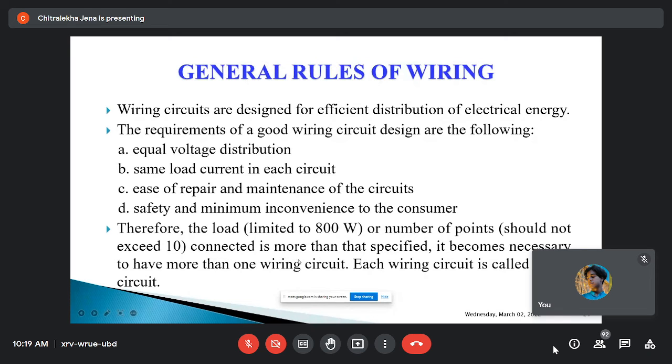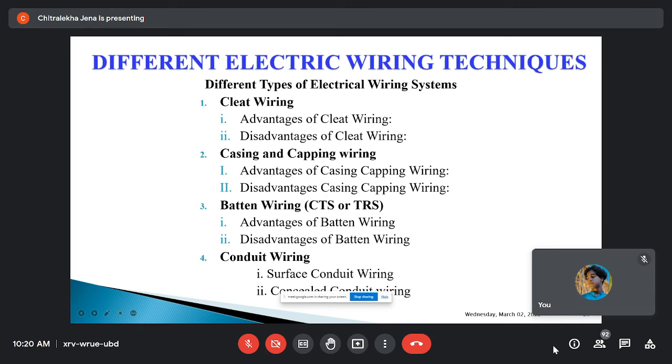If it is more than specified, it becomes necessary to have more than one wiring circuit. If it is more than 10, you connect another circuit. Am I clear to all of you? Yes, ma'am. So each wiring circuit is called a sub-circuit.